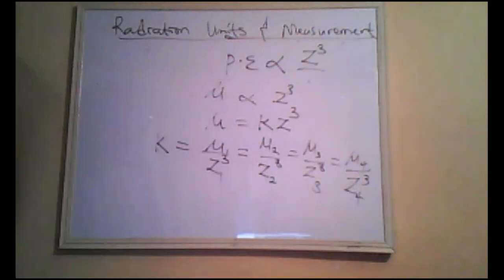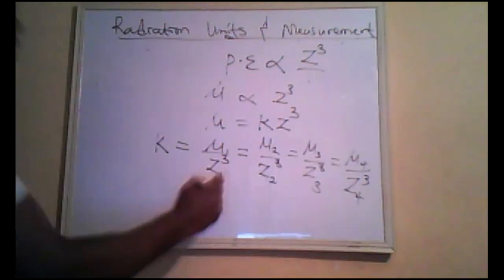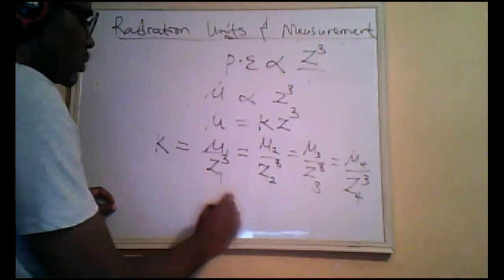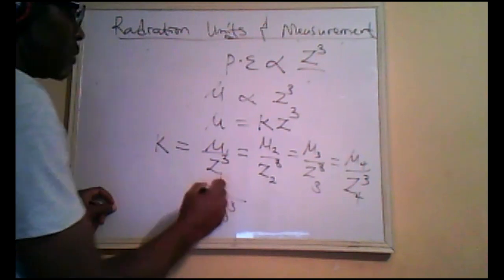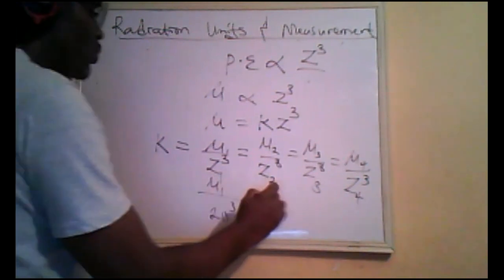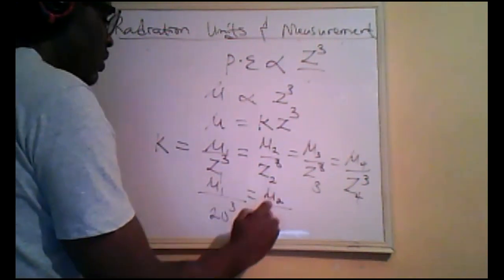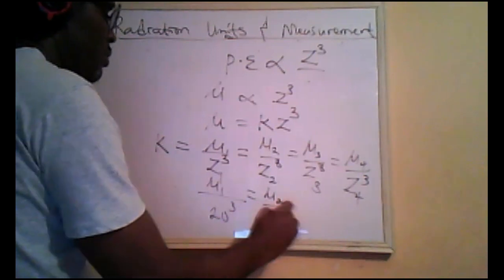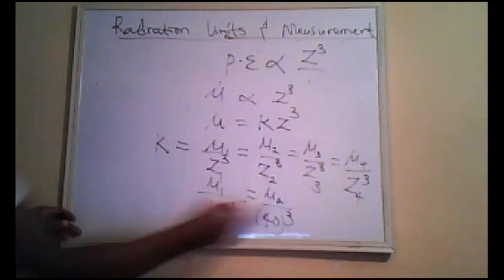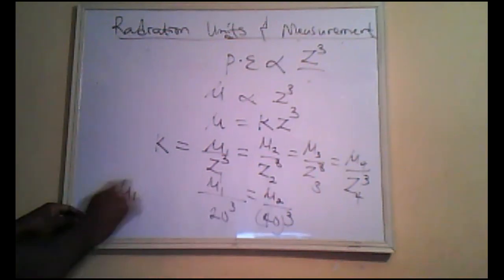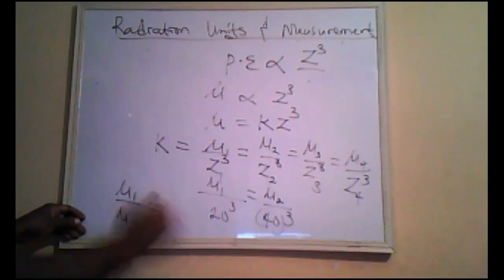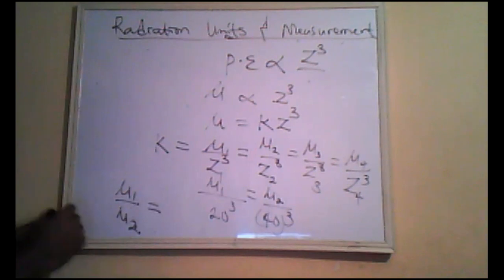For the first one, the Z was 20, and for the second, the Z was 40.